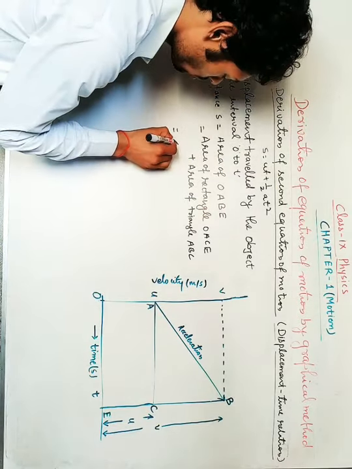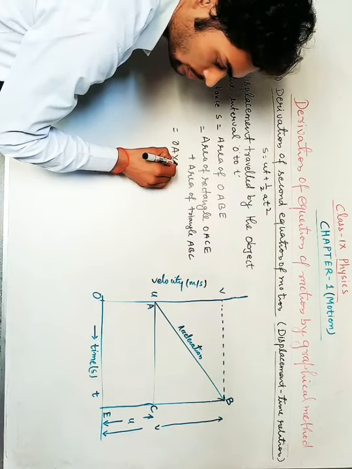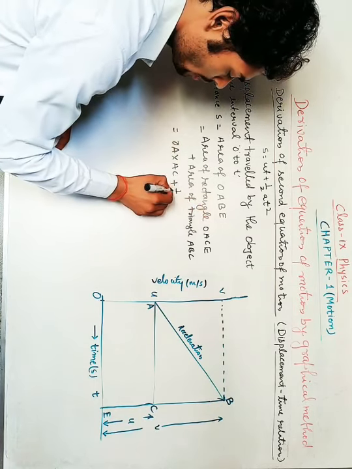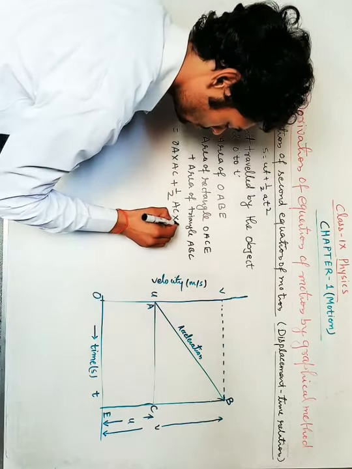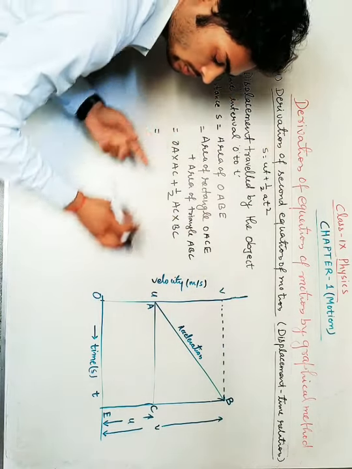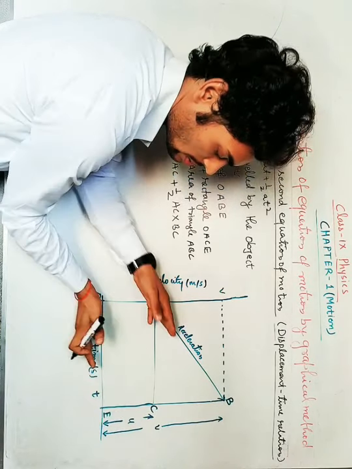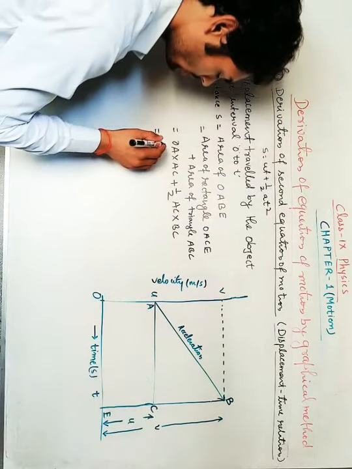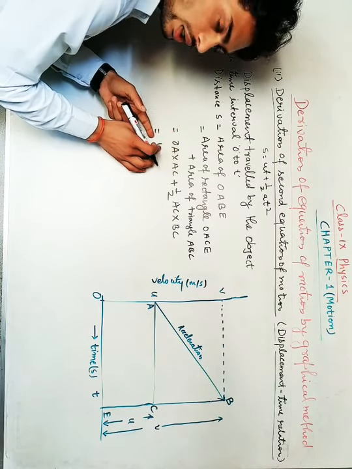So length OA into breadth AC, OA into AC, plus area of triangle, 1/2 base into height, base AC into height BC. From this figure, what is the value of OA? OA is equal to CE because this is a rectangle. The value of CE equal OA equal u, initial velocity u. So instead of OA, we can write u.